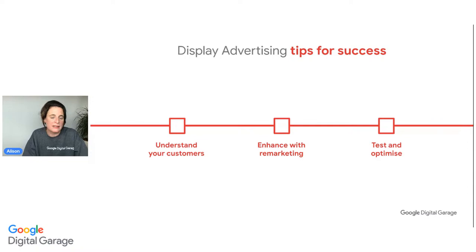Enhance with remarketing. So what you can do, remarketing, is showing your ads to someone who's been on your website previously. This is a really effective technique for getting people to convert. Have you ever been to a website, looked at something, oh, yellow Wellington boots, I had a look at them on a website, and then suddenly they've seen ads for them when I go onto other websites. This is remarketing.